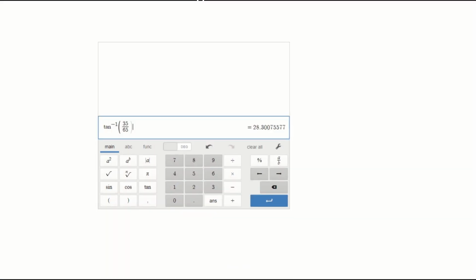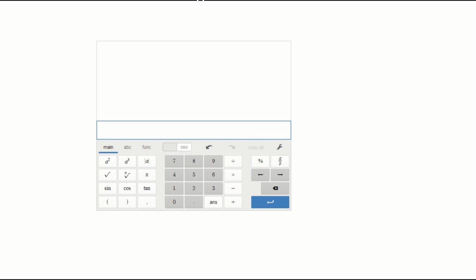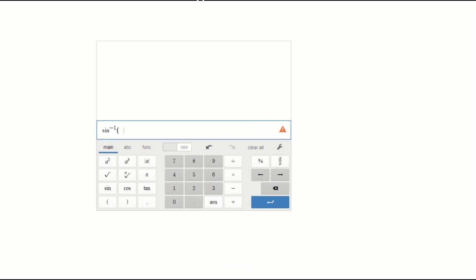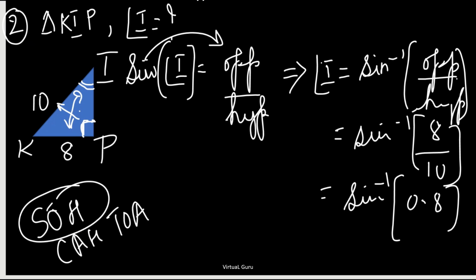Go to the calculator, clear everything, go to sine inverse and write 0.8. That will give you 53.13. So the angle we are searching for is 53.13 degrees.